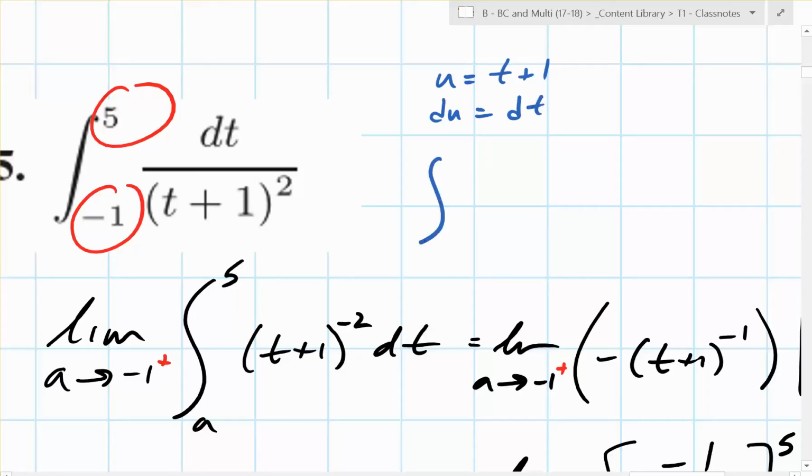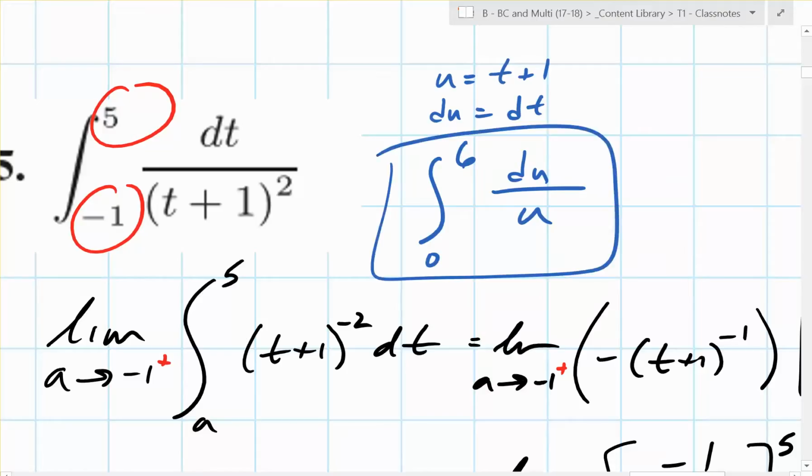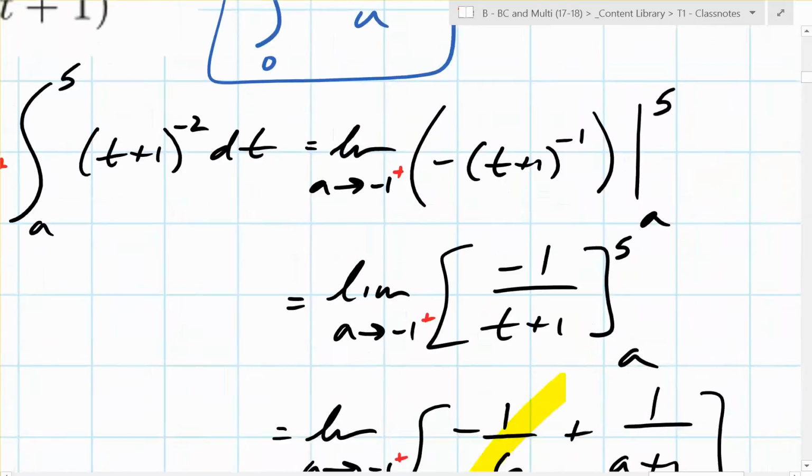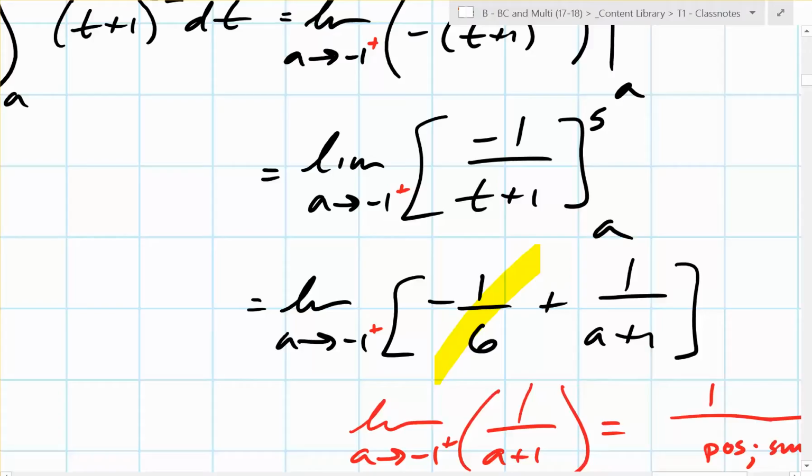If we do that, what do the limits of integration become? It should be 0 to 6, exactly. So you end up with a slightly different thing here, which does diverge. If you look in the answer key, it just says this diverges. Congratulations. You still need to do some work, but it allows you to do it without doing the plus 1. It's fine.